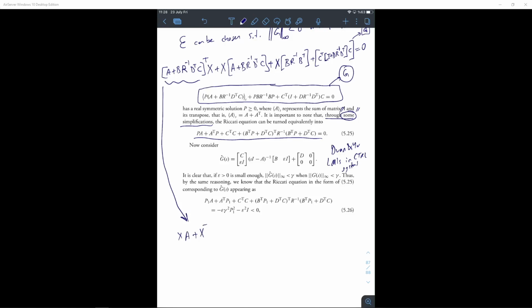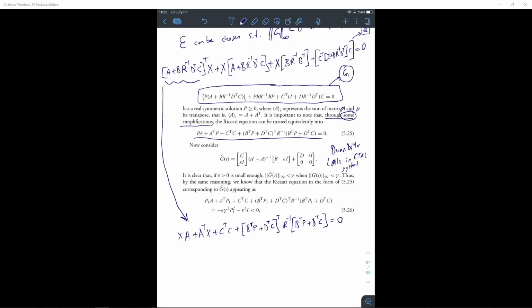A transpose X plus C transpose C plus (B transpose P plus D transpose C) transpose R inverse (B transpose P plus D transpose C) equals 0.